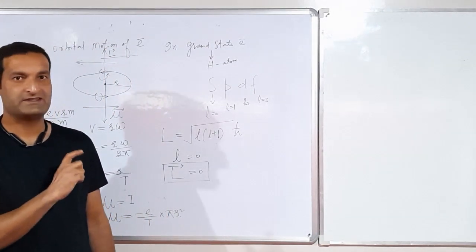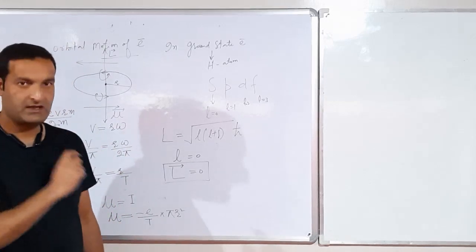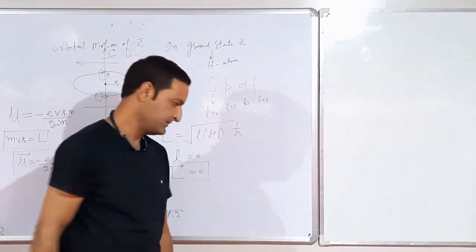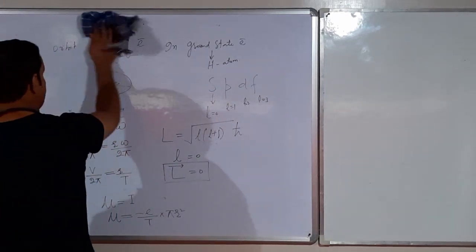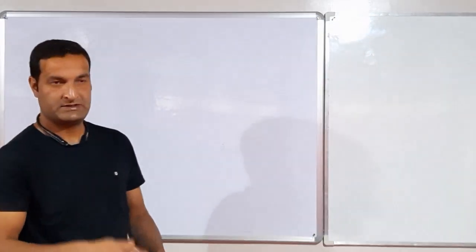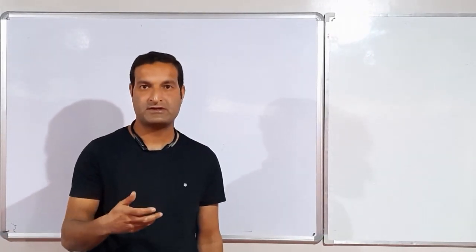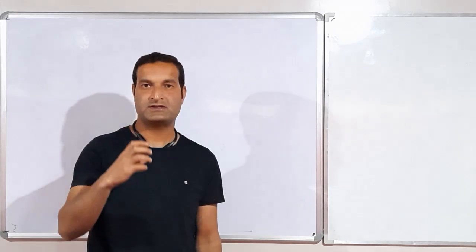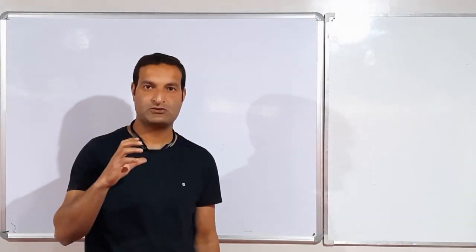But yet there is angular momentum, therefore there is a magnetic moment associated with an electron even if the orbital angular momentum is 0, that is the spinning motion of the electron.